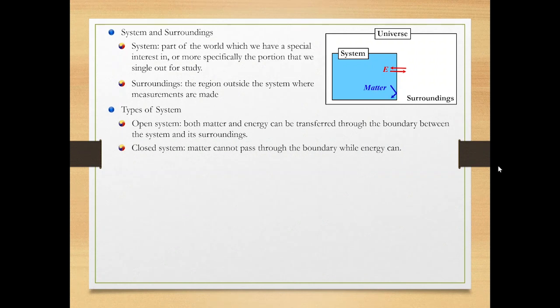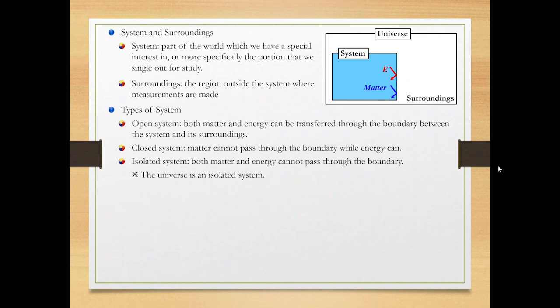A closed system is the one that allows the transfer of energy through the boundary, but does not allow the transfer of matter. An isolated system is the one that does not allow the transfer of both matter and energy. The universe is an example of an isolated system.